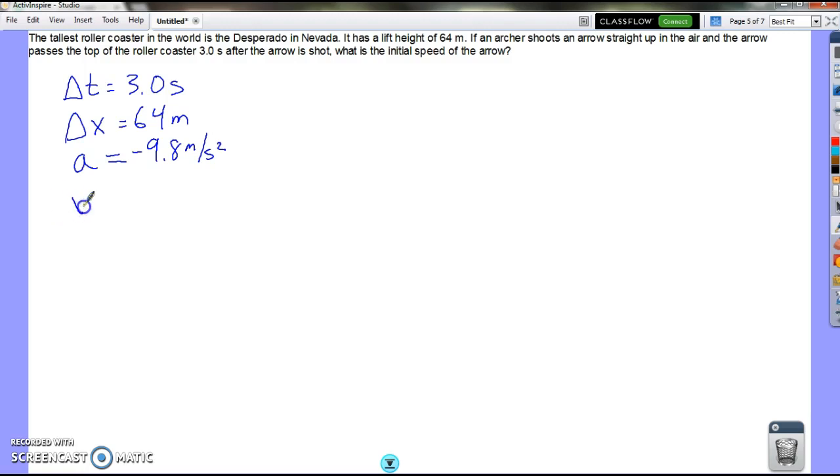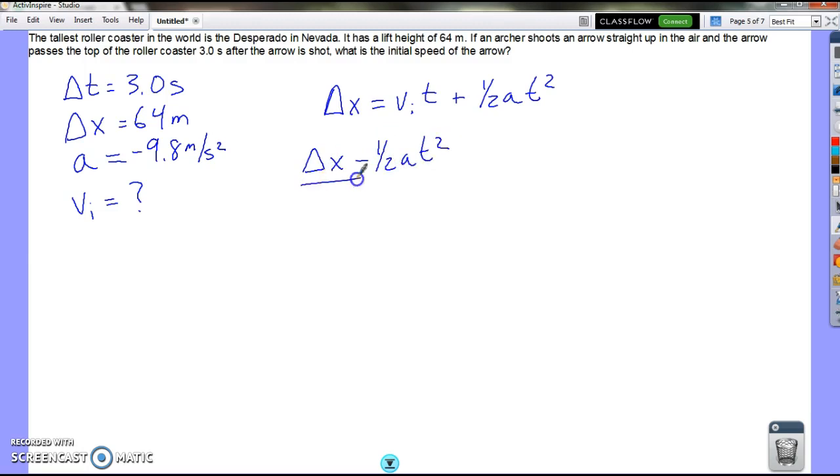So we've got VI. Well, we actually have a formula that has this. We have a formula that says delta x equals VI times t plus 1/2 AT squared. We have t, we have x, we have a. We want to find VI. So let's solve for VI. VI is going to be delta x minus 1/2 AT squared divided by t. And so we can plug that in.